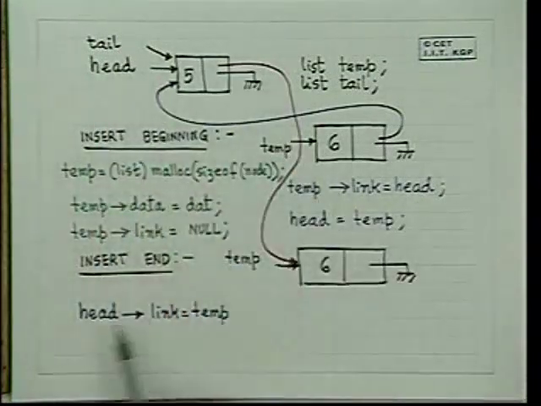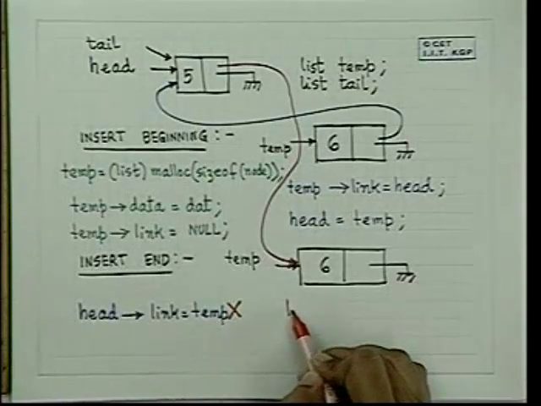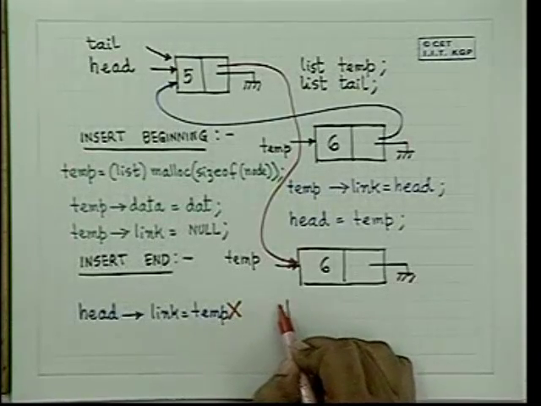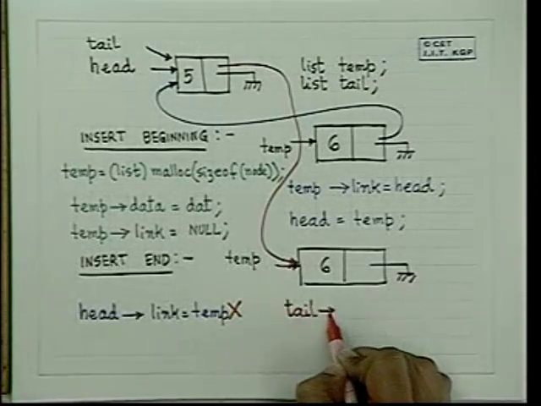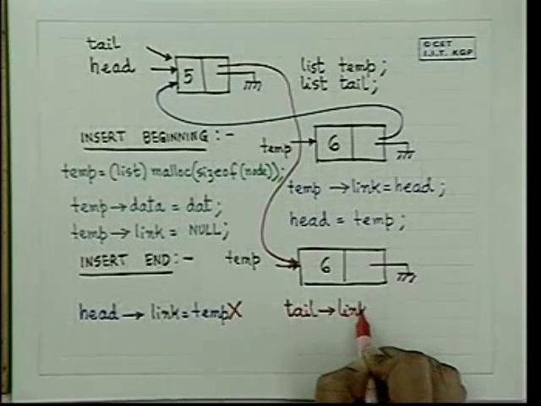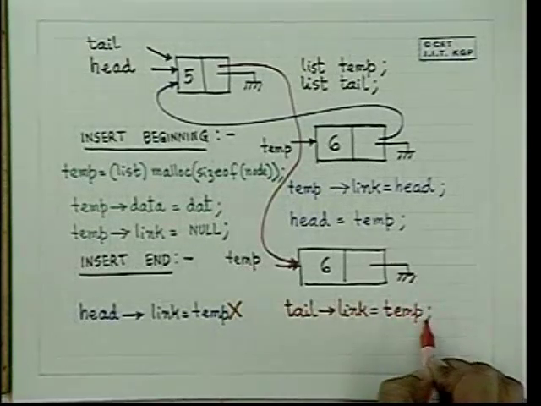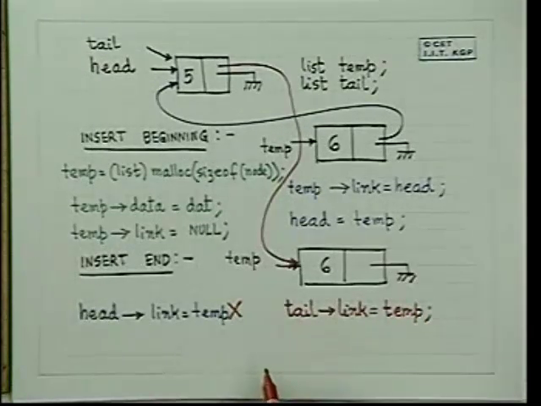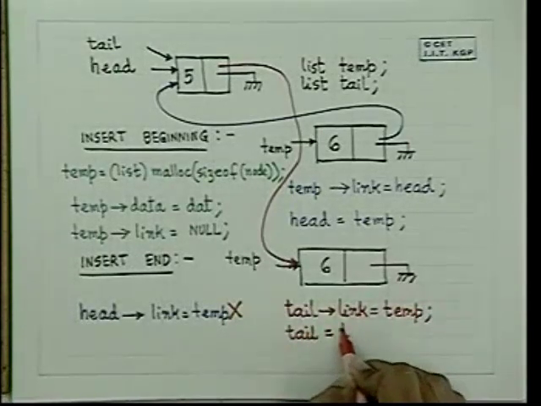So, here, instead of doing this part, all that you will do is this. This is not what will be done. Tail dot link is equal to temp, and the next will be tail is equal to temp.